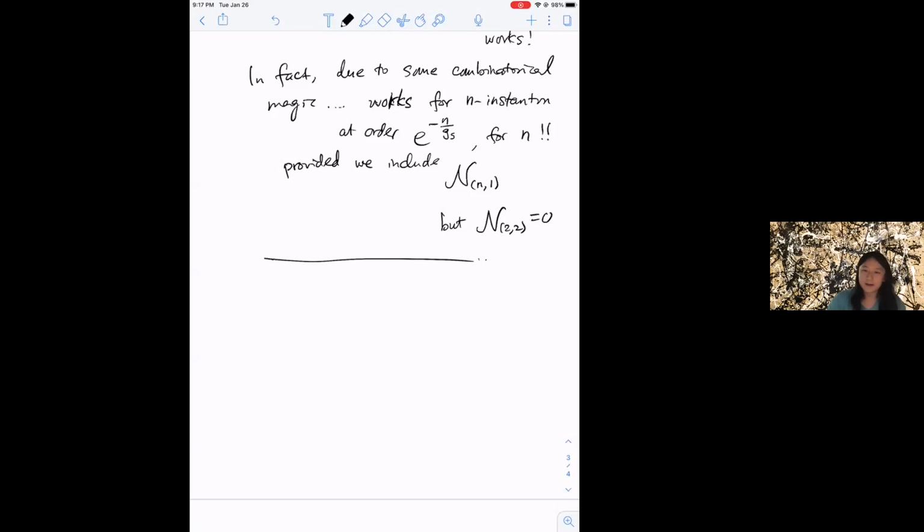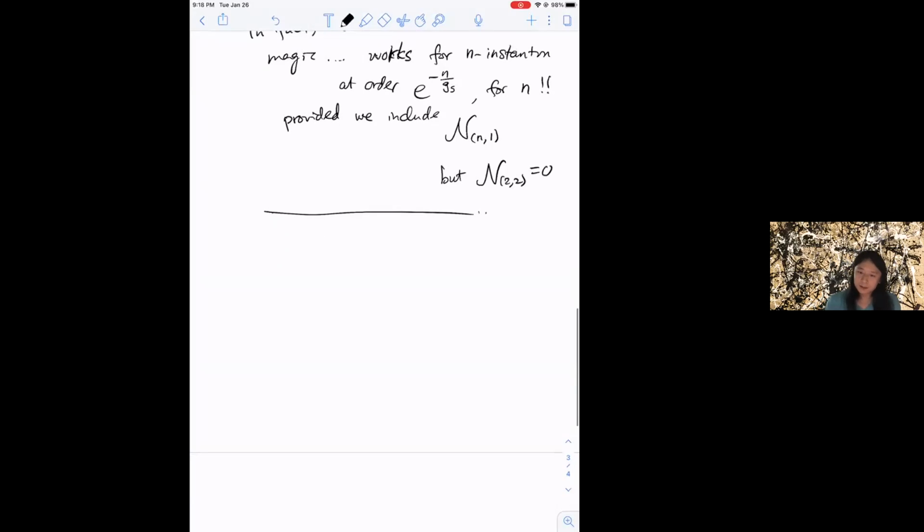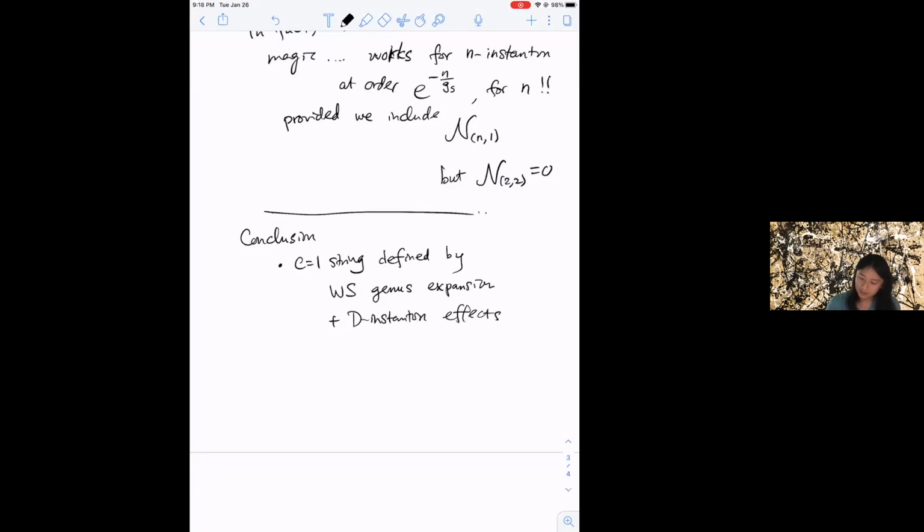Okay, anyway, so let me just conclude on this part. The conclusion here is that it appears that c equals 1 string theory, defined by the worldsheet genus expansion with the Borel summation, together with the instanton effects, appears to be potentially non-perturbatively complete.